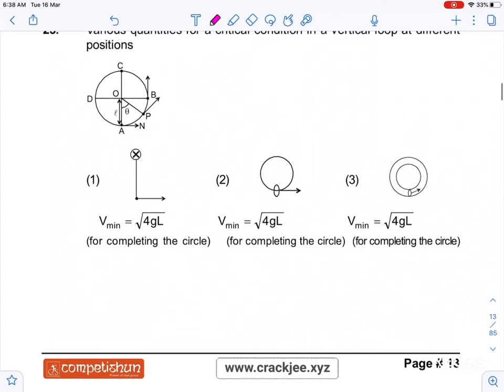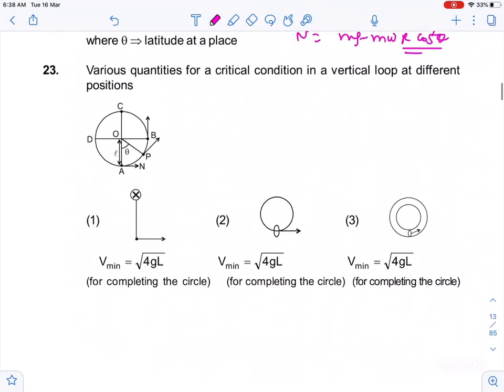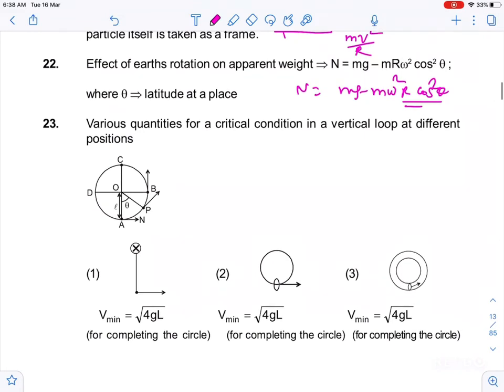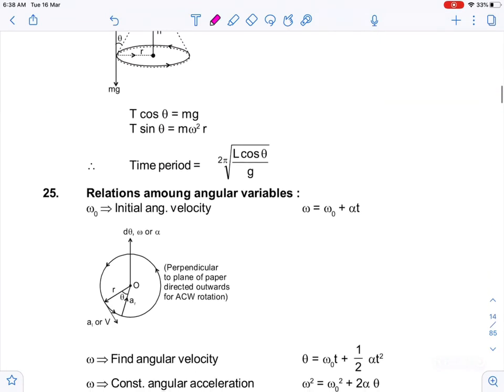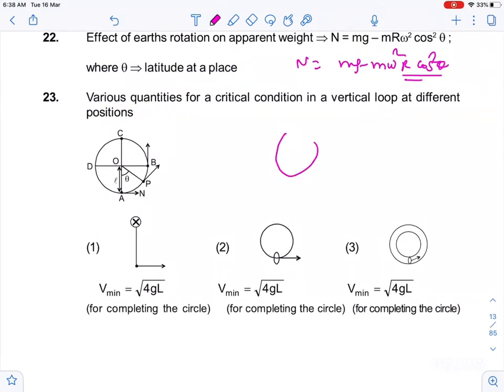Now I have taken vertical circular motion. Here a rigid body was taken, but if I am talking about vertical circular motion for, suppose, a string tied with a rope like this, the minimum velocity required to complete the circle is under root 5gr at this point.